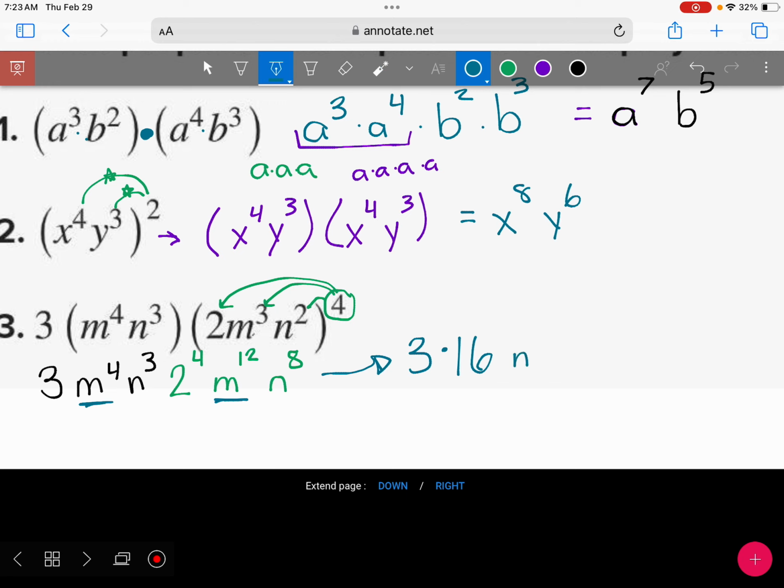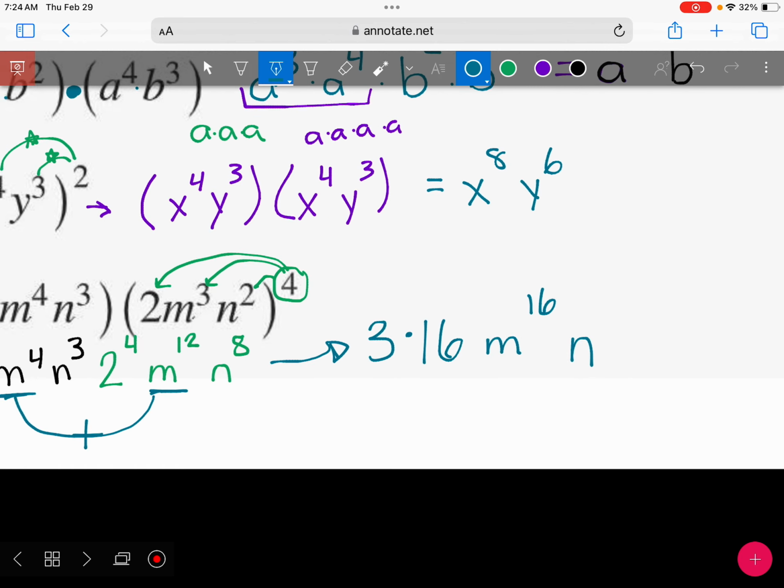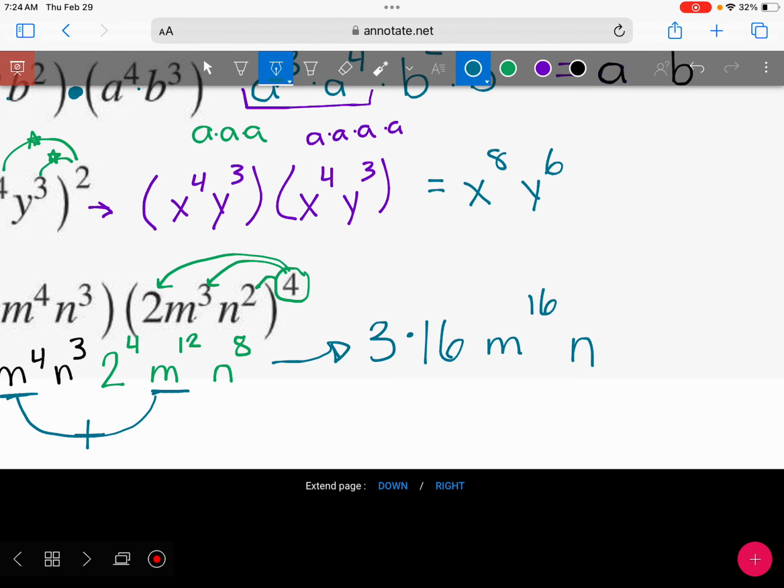M to the 16. We're adding them together. And then we're going to have n to the, I've got n cubed and n to the 8th, 11.